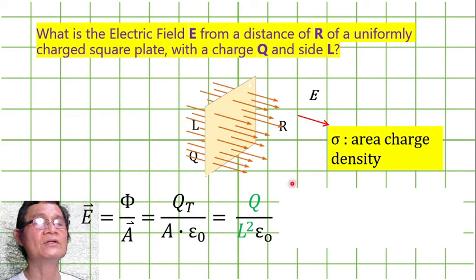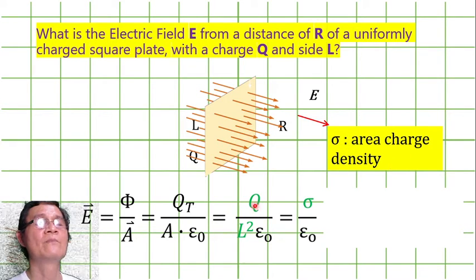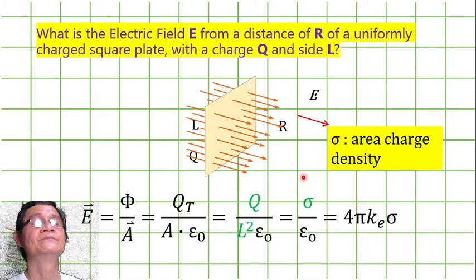Now this expression happens to be sigma, which is the area charge density. And notice that the equation has become a lot simpler. And of course, when converted into Coulomb's constant, we come up with 4 pi k_e sigma, which notice that medyo slightly longer siya. It's actually simpler kasi multiplication lang.